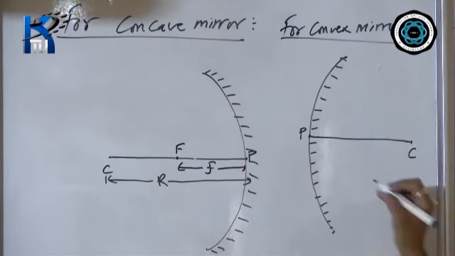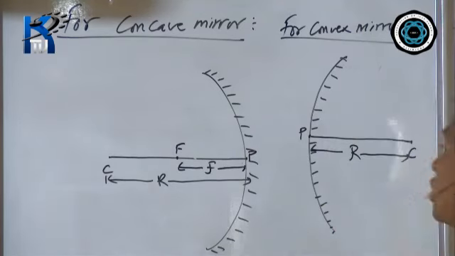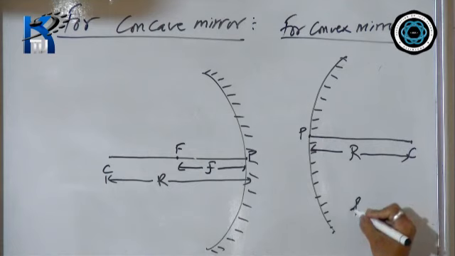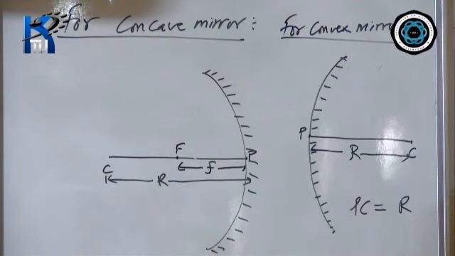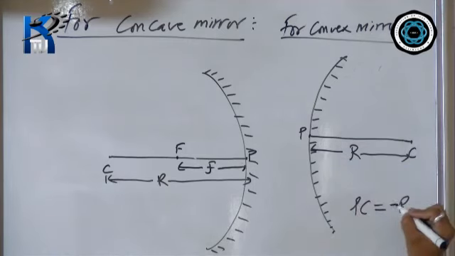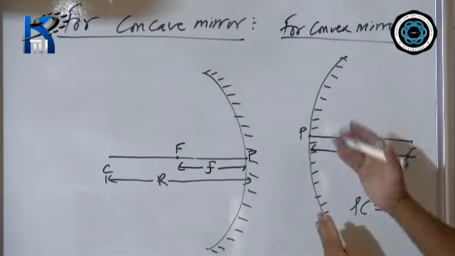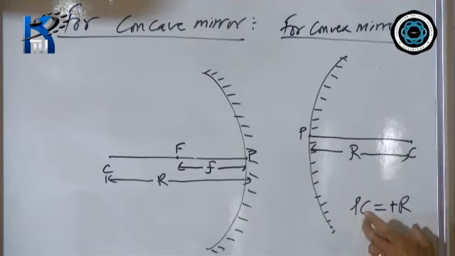This PC is called what? R, which is still called the radius of curvature. So PC equals R is the radius of curvature, no doubt. But with the sign convention, the distance that we are measuring is taken as what? Positive, because we are measuring distance to the right side of the pole along the principal axis. That means PC is taken as plus R.